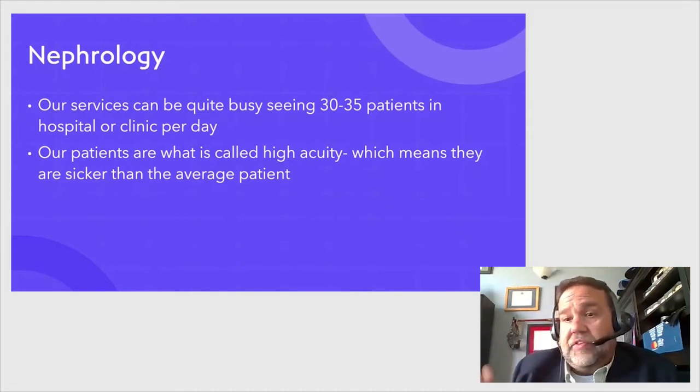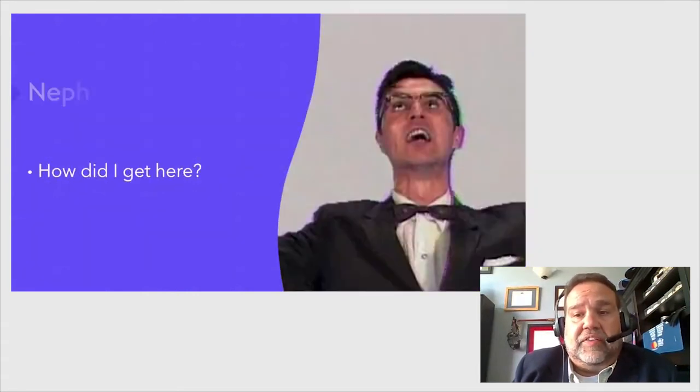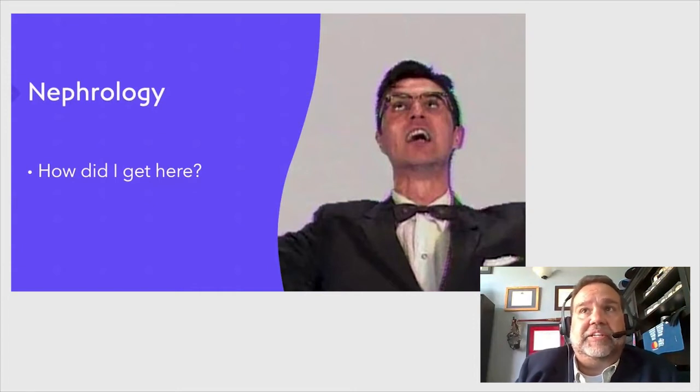Our patients fall under the category of what's called high acuity, which means that they're sicker than the average patient. If you ask a lot of physicians, you'll find that they indicate that nephrologists deal with very, very sick patients with complicated issues.